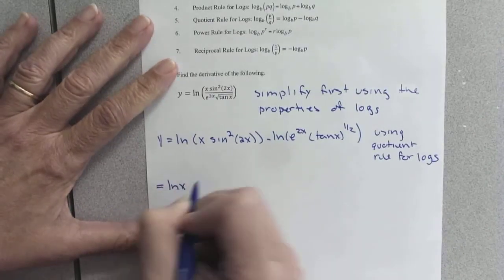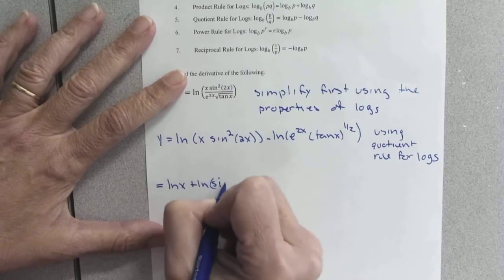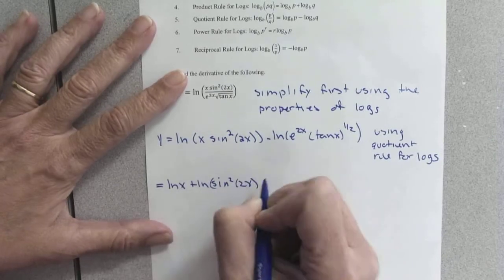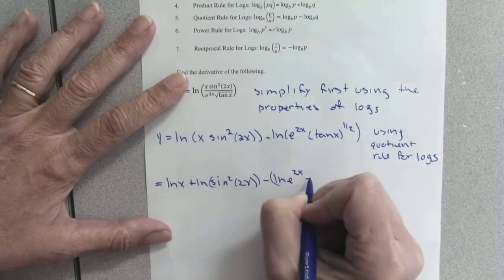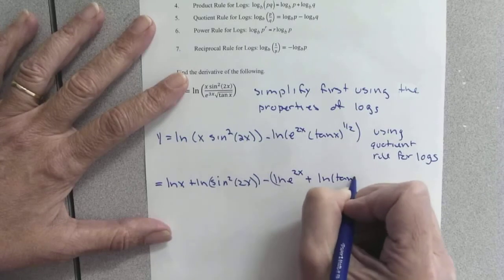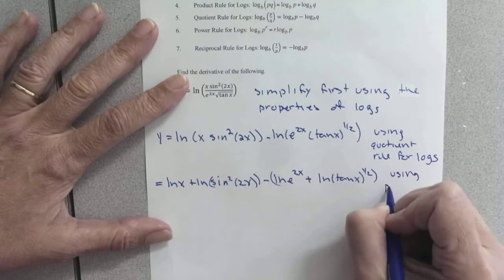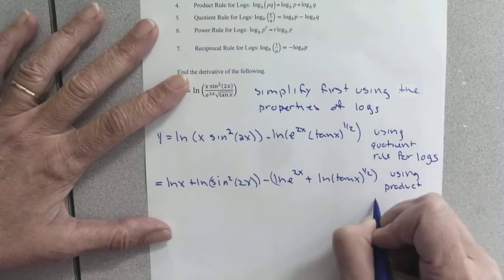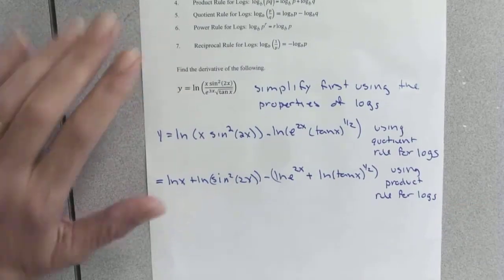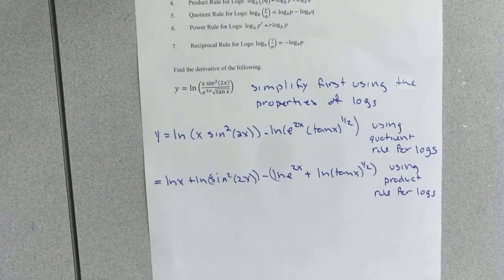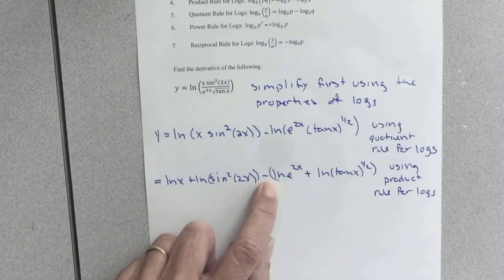Now I've got some products. And so there was using product rule for logs. And careful with parentheses: with this minus sign, when I went to use the product rule for logs, parentheses split the whole thing up.